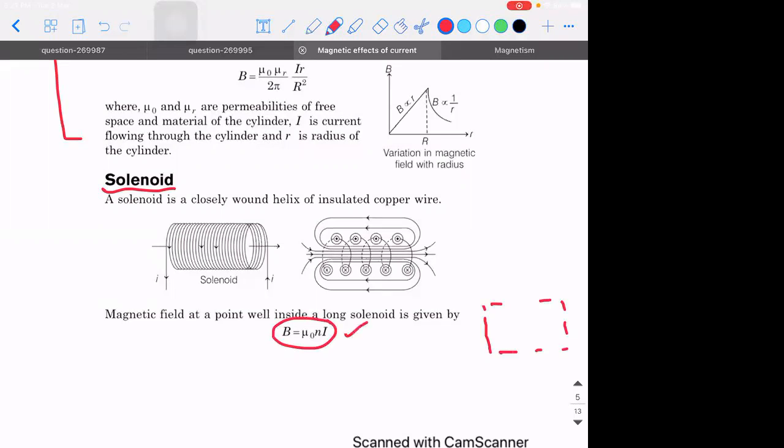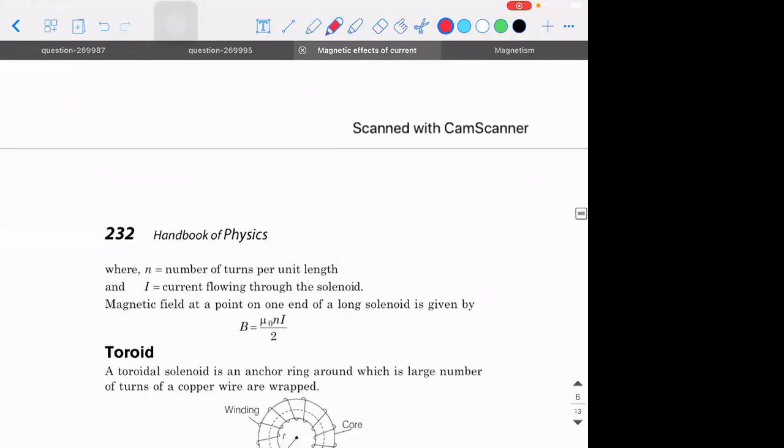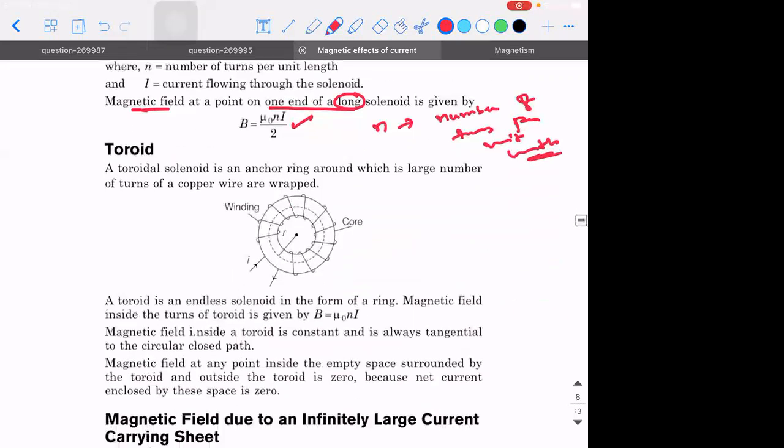So from that, you will get the value of B as mu naught into small n into I. Similarly, if you want to calculate the magnetic field at a point at one of the ends of a long solenoid, what do we mean by long solenoid? Its length is more compared to the thickness, right? The field at the end of a long solenoid is given by mu naught into n into I divided by 2, where n represents the number of turns per unit length, right?